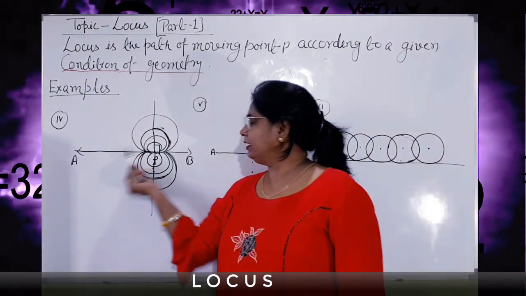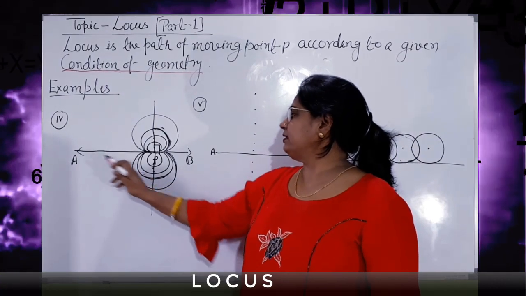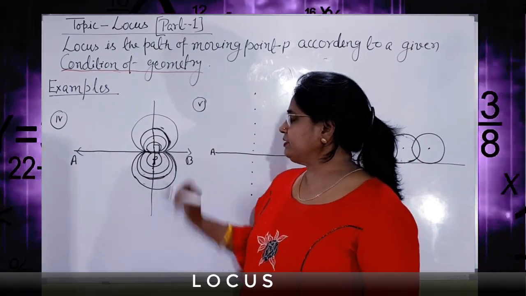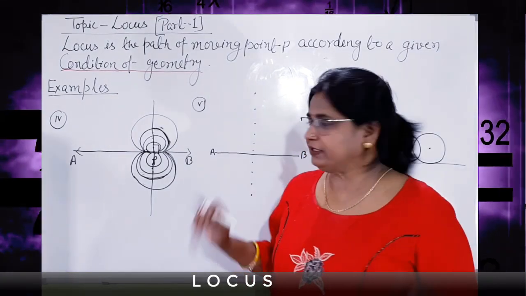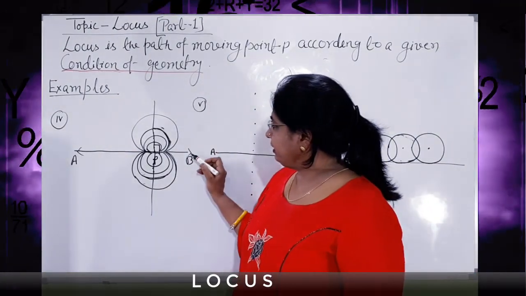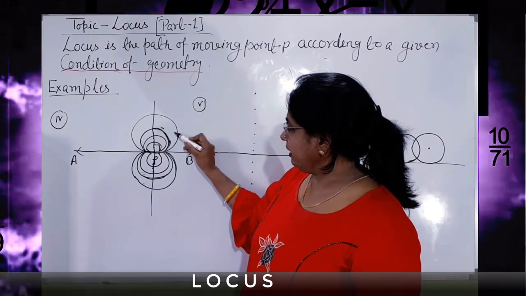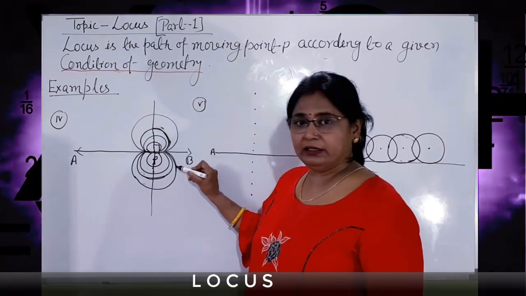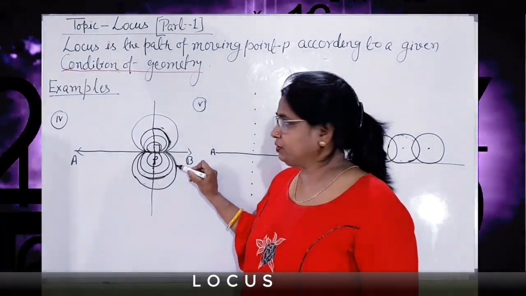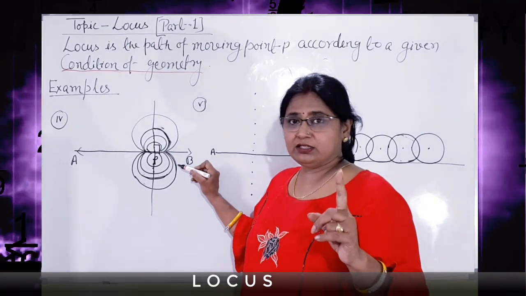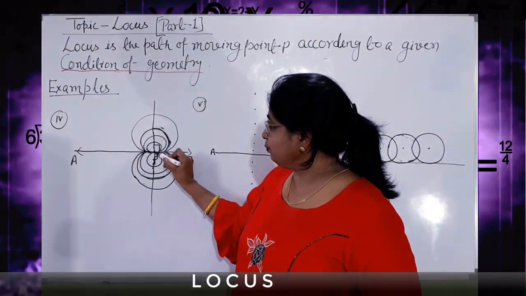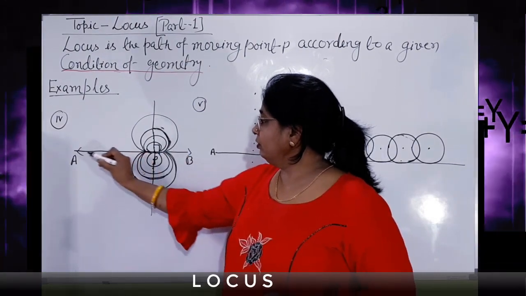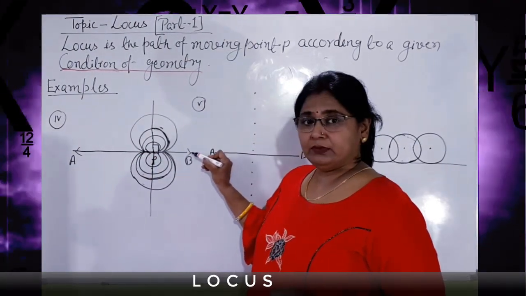The fourth example I have taken. AB is a line and P is a point. Suppose a lot of circles of different radii, above the line AB and below the line AB, but the condition is that all the circles touch at the point P given on line AB.